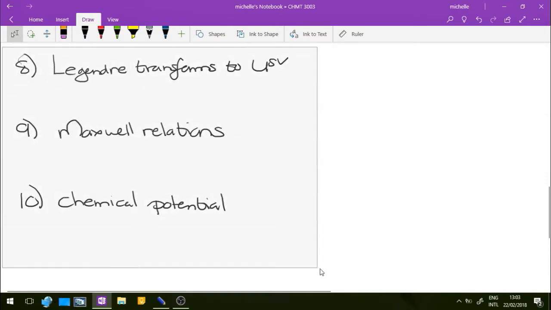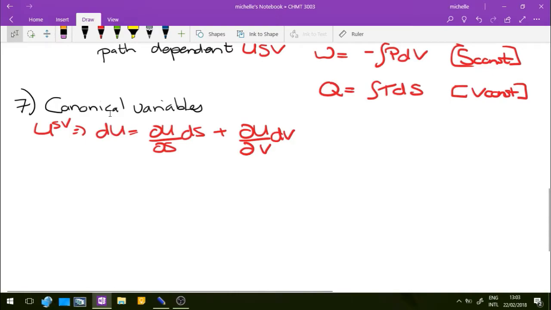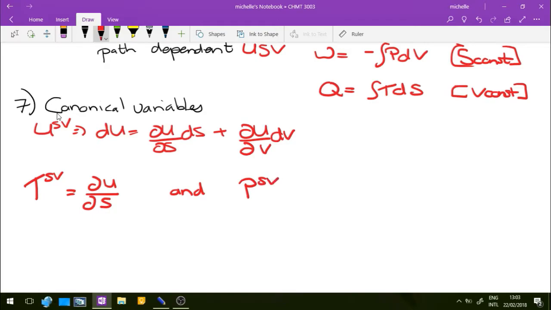What you learn from canonical variables is that from the source function we just said, fine, if we accept that u is a function of s and v, we can write the total differential, but then at the same time let us use the thermodynamic definition of t, where t(s,v) equals partial du by ds, and also p(s,v) is equal to negative partial du by dv.